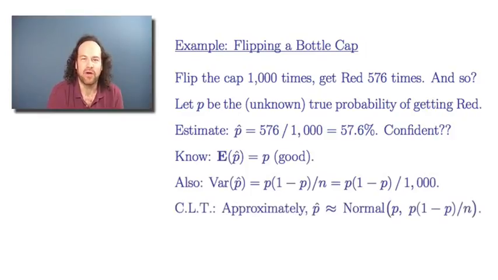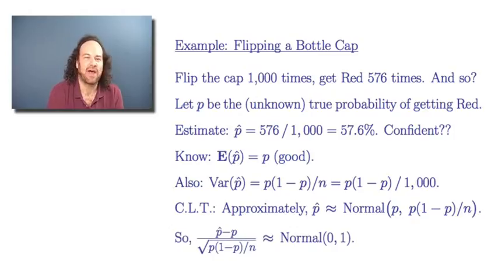Now we also know the central limit theorem, and it tells us that since P hat was made up of an average or a proportion of lots and lots of flips, it approximately follows a normal distribution with this mean and variance. That is, we can say that P hat has a distribution approximately normal with this mean and this variance.